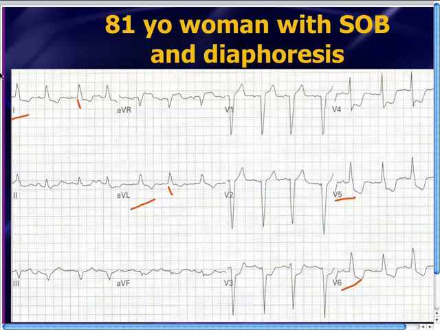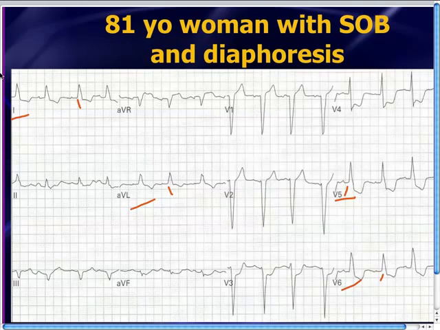All right, so with the left bundle branch block pattern in those lateral leads, you have just monophasic R waves, or in other words, more easily said, there should be no Q waves in those lateral leads. So what she's got is a left bundle branch block pattern. Now, we don't know whether this is new or old.